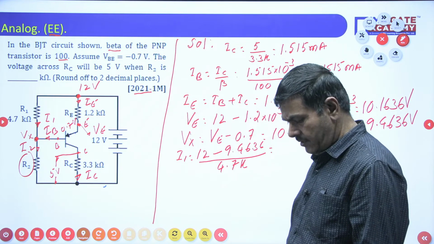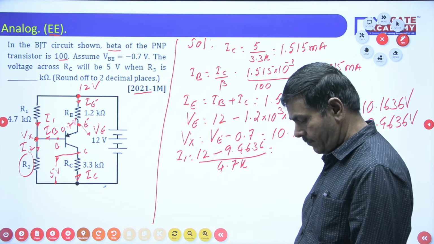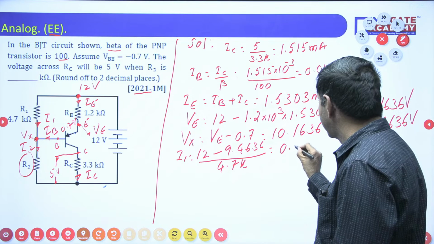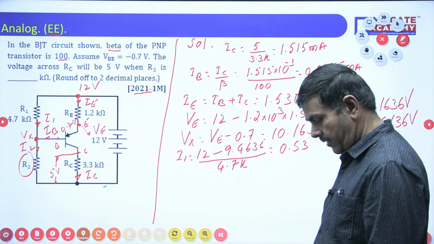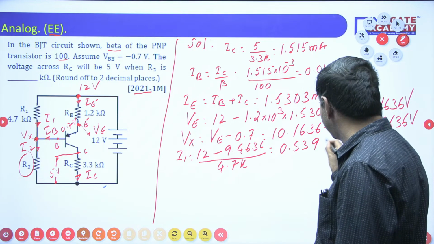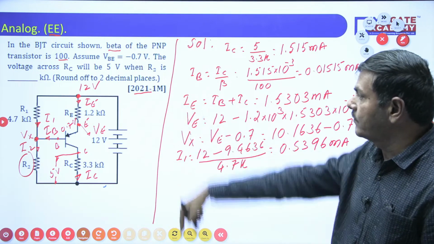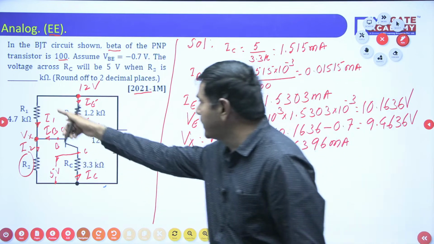Using the calculator, you will get 0.5396 milliamperes of current. That is I1.